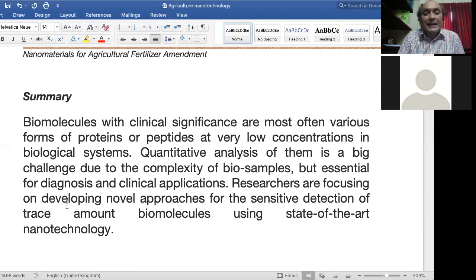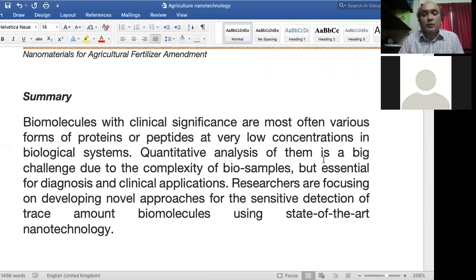Biomolecules with clinical significance are most often various forms of proteins and peptides at very low concentration in biological systems. Especially proteins and peptides are present in the cellular system, and they are very important for biological systems.